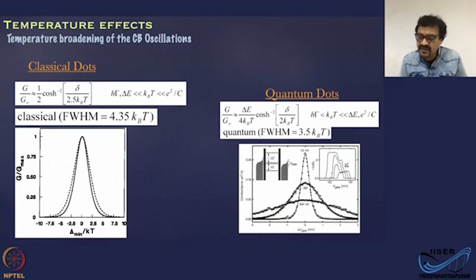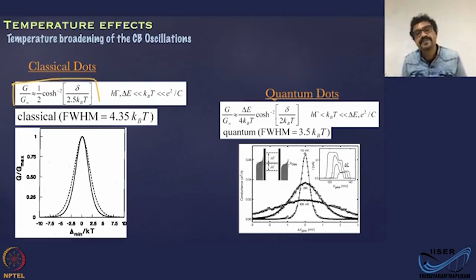So the classical dot, where the temperature energy is more than the single particle level or the level broadening, but the charging energy is much larger than that, then only you will see the Coulomb blockade peak or oscillation or the charging effect. Okay. In that regime, the conductance peak is given by this formula.